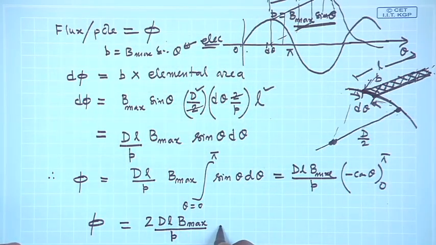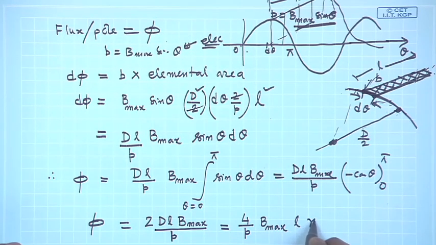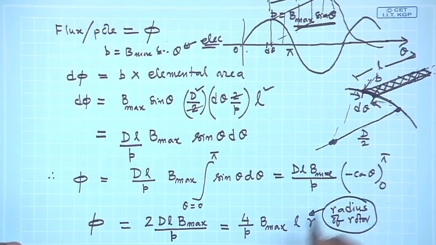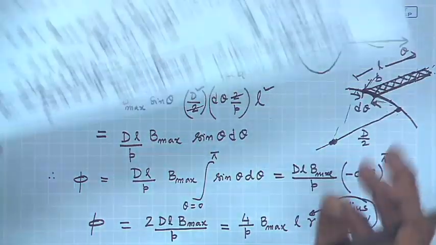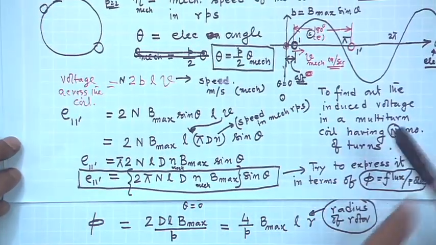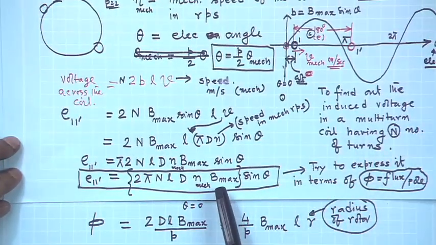Sometimes people also write it like this, 4 by P B max L into R, where R is the radius of the rotor. You can write it in either way. Now the plan is that I will try to get rid of this B max.